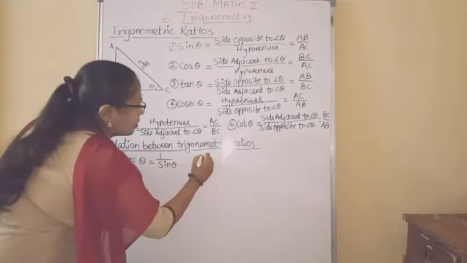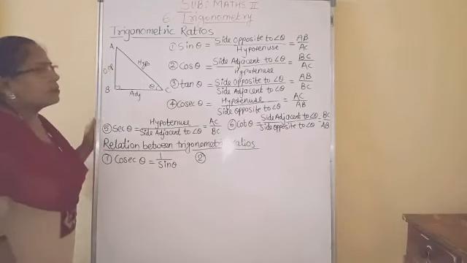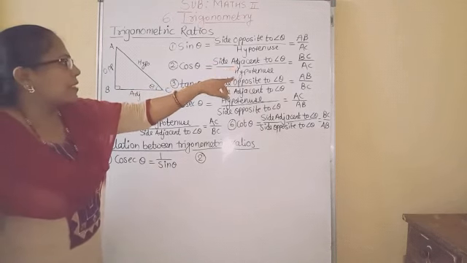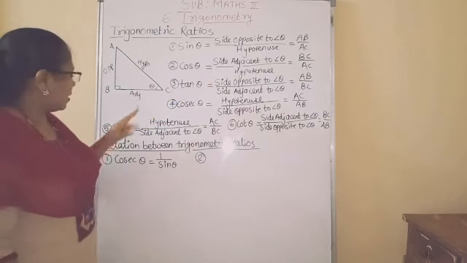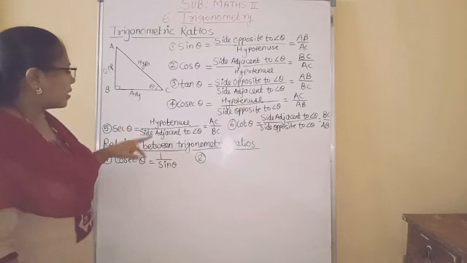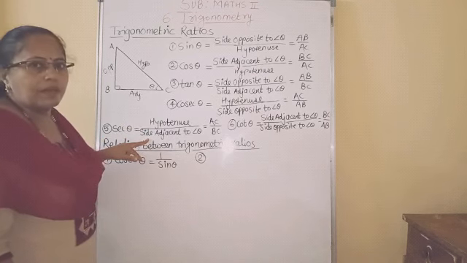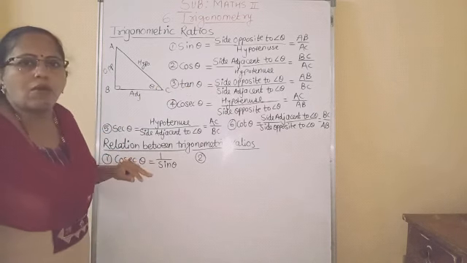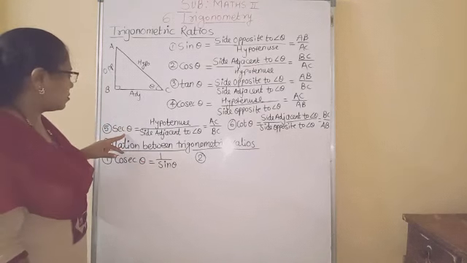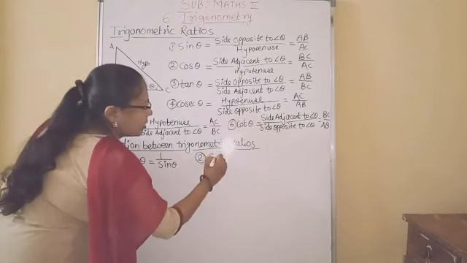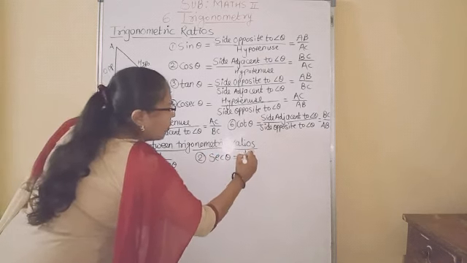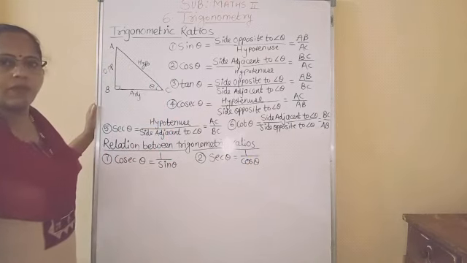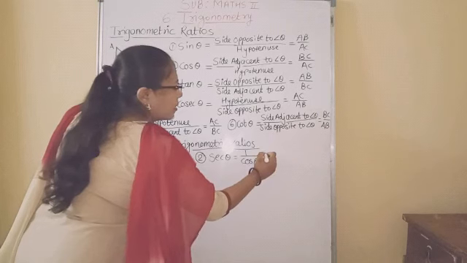Then the second relation. Now observe the cos theta ratio, side adjacent to angle theta upon hypotenuse, and sec theta, hypotenuse upon side adjacent to angle theta. So cos theta and sec theta are reciprocals of each other. So we get the relation sec theta is equal to 1 upon cos theta. Then the third relation.